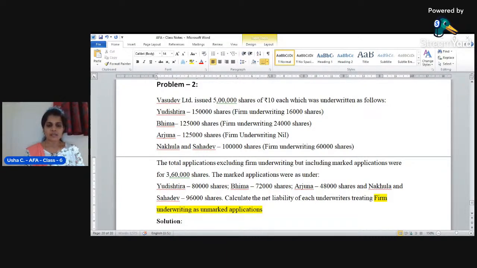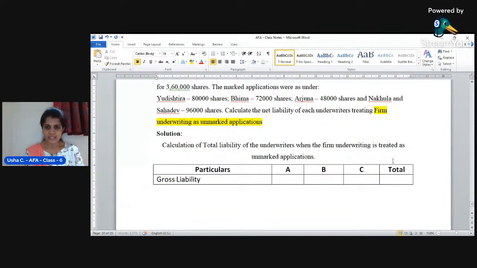Actually, the company has issued 5 lakh shares, right? And these 5 lakh shares are subscribed by each underwriter. Take the total of this, 1,50,000 shares of Yudhishthira. There is one more column.